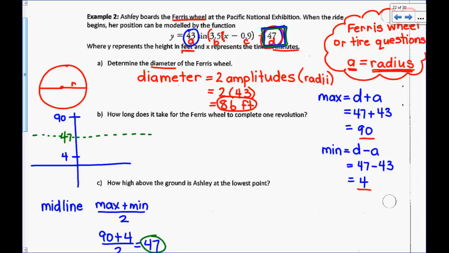Okay, so what I've got is a graph now that instead of starting at 0, like most sine graphs do, this one has been shifted. It's got a vertical shift up of 47.